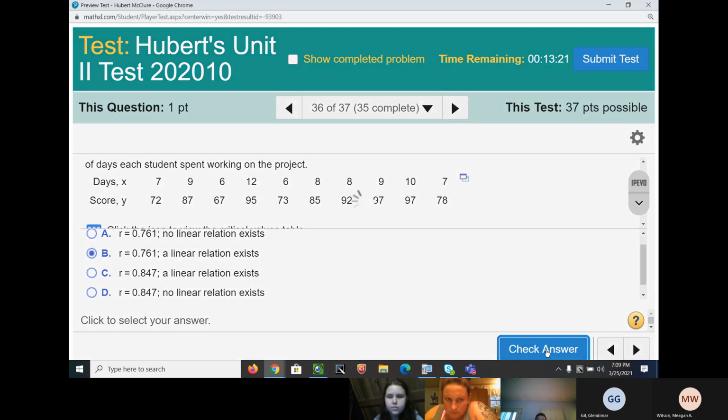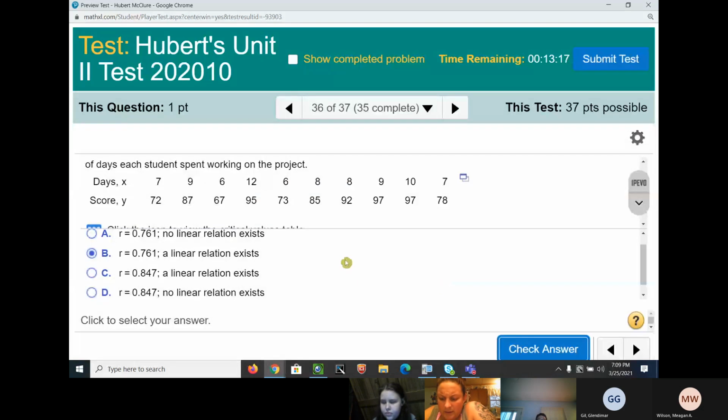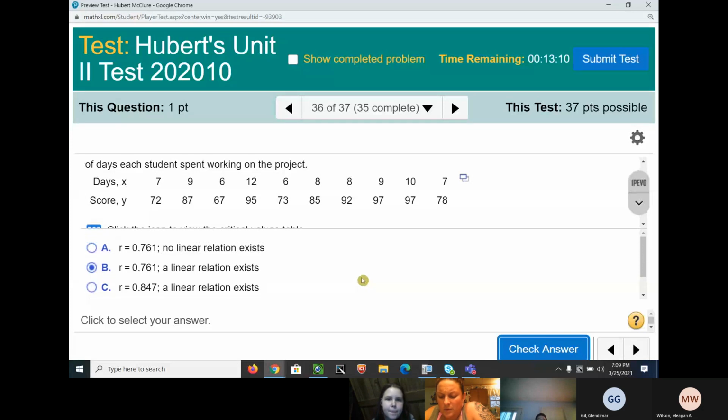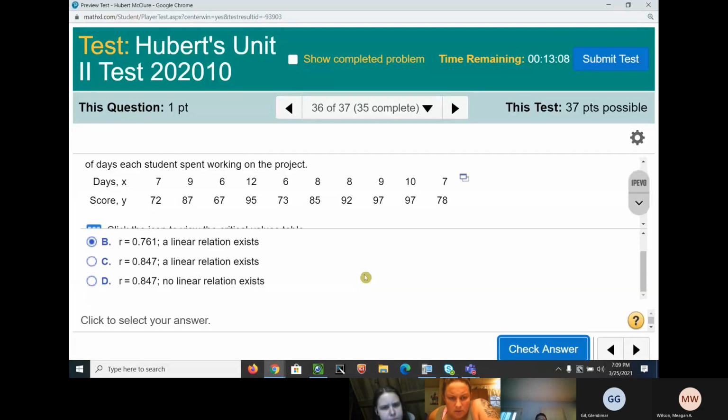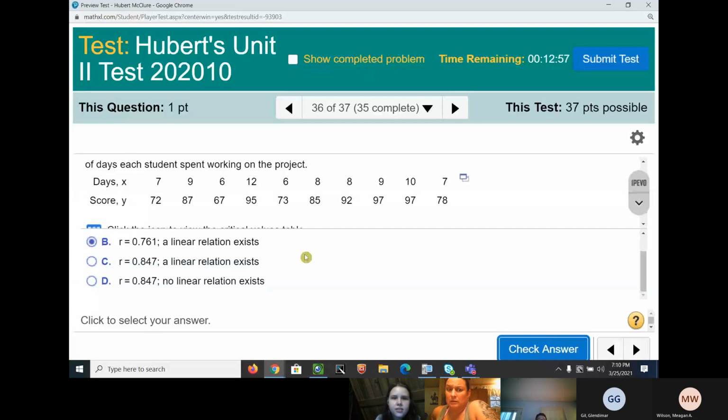Well, wait a minute. Check that R again. 0.76. I guess, well, I'm not good at rounding. Well, I don't think that's rounding because 0.76. I got 0.76227 is what I got. All right, what did everybody else get?